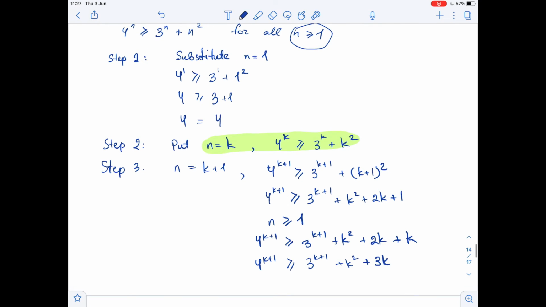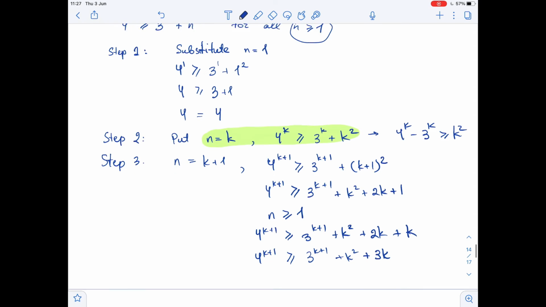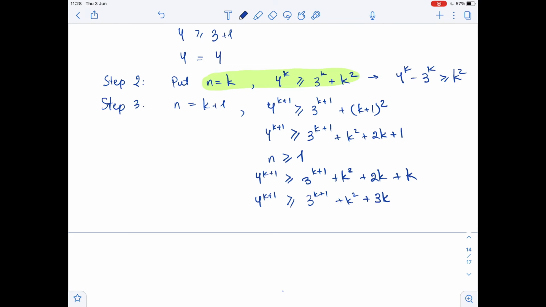And then from step 2, we know that 4 to the power of k minus 3 to the power of k is greater than or equal to k squared. And that means that 4 to the power of k plus 1 is greater than or equal to 3 to the power of k plus 1 plus 4 to the power of k minus 3 to the power of k plus 3k.